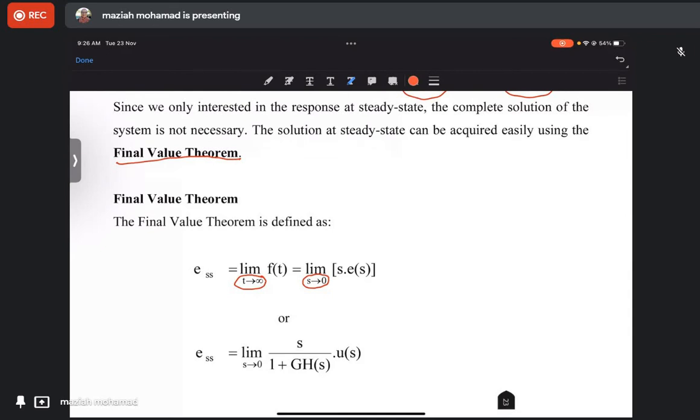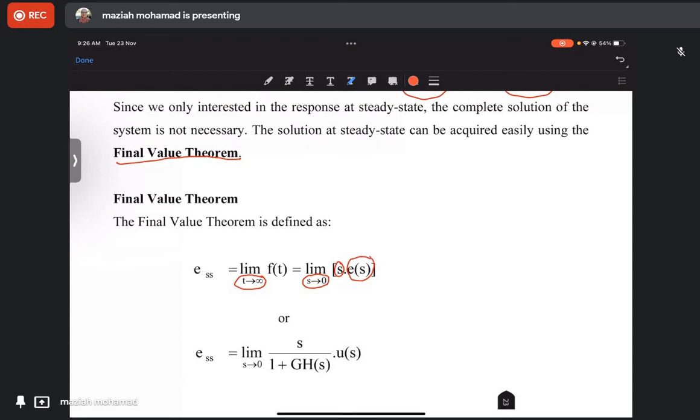So for a steady state error equation, we apply limit t to infinity of the error function, which in Laplace is equal to limit s equal to 0 of s multiplied with the error equation.